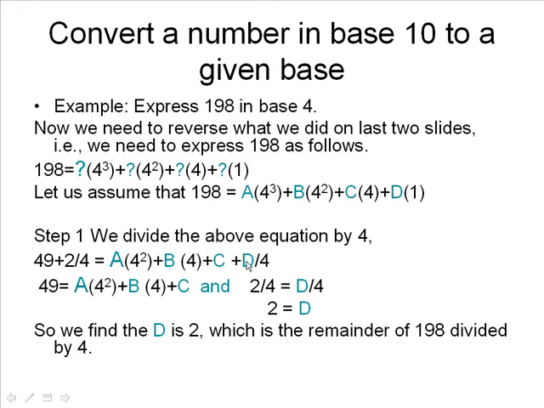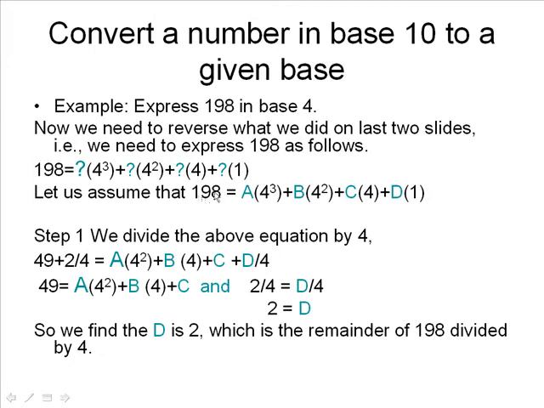Because in the base 4 system each digit is less than 4, since we only have 0, 1, 2, 3, this makes D over 4 a fraction. Let's look at the left side. 198 divided by 4: the quotient is 49 and the remainder is 2.